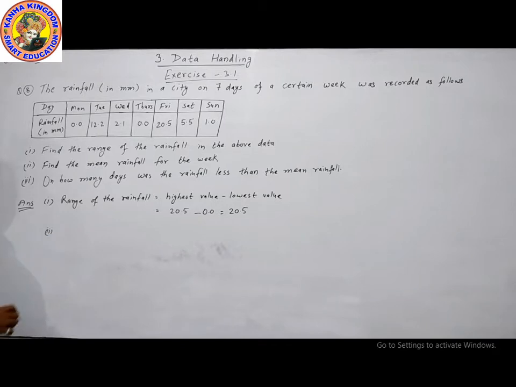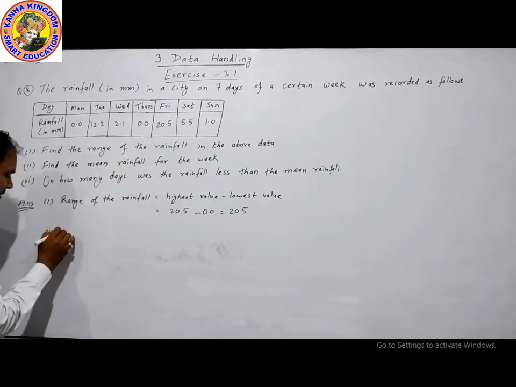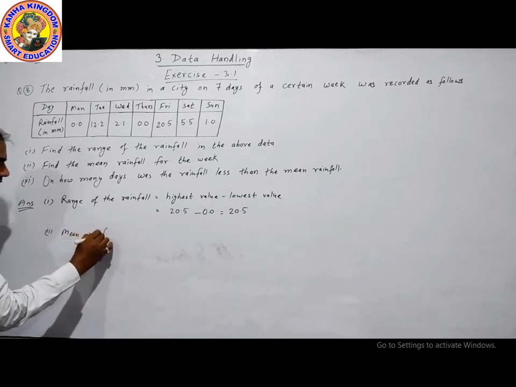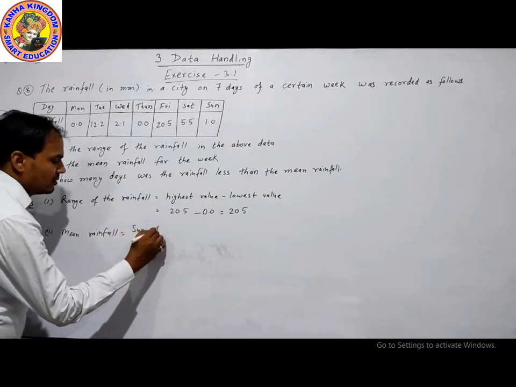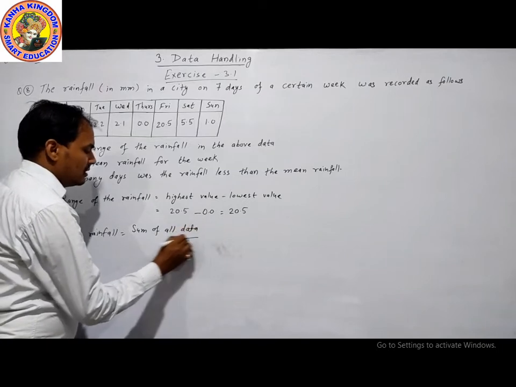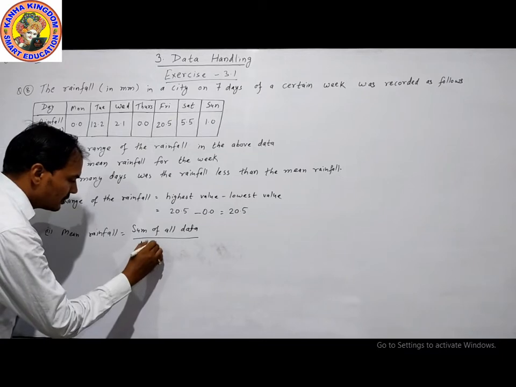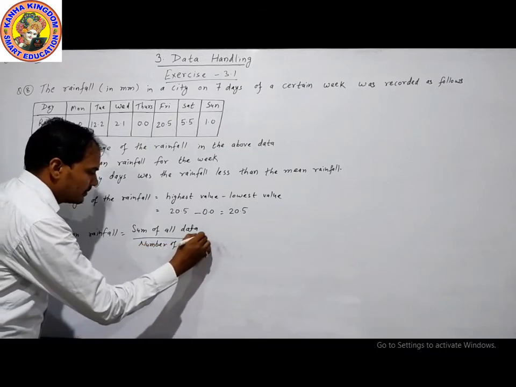Now second question, find the mean rainfall of the week. Mean rainfall is equal to sum of all data divided by number of data.